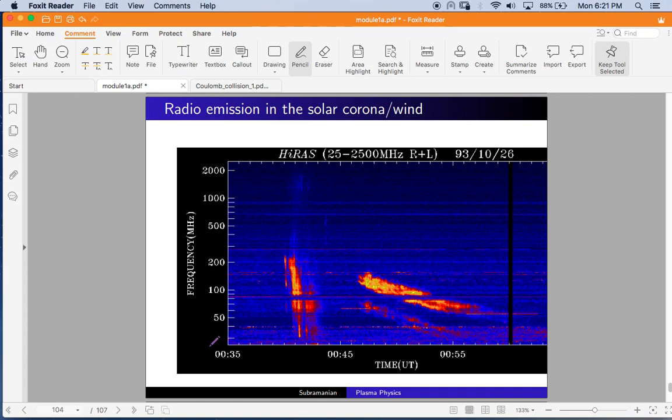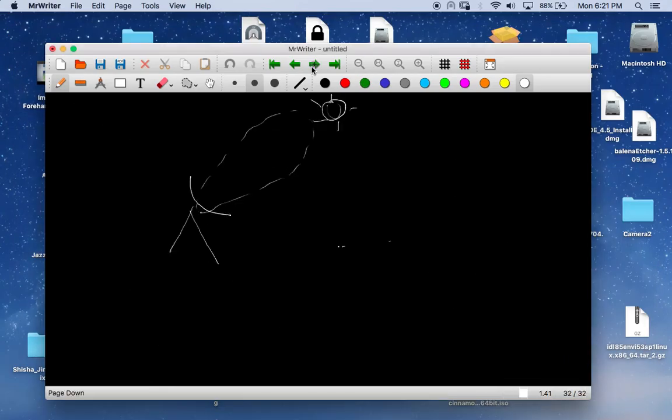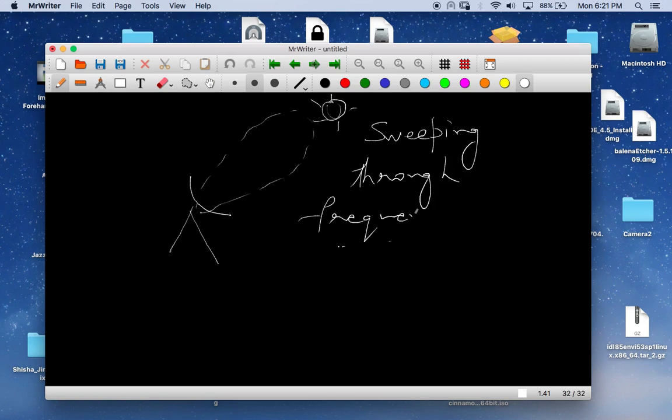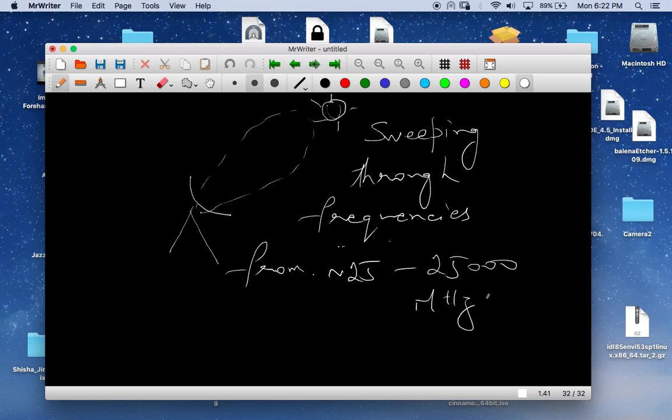Okay, so going on, what this instrument is doing is sweeping through frequencies from say 25 to 2500 megahertz, and it's sweeping very fast.